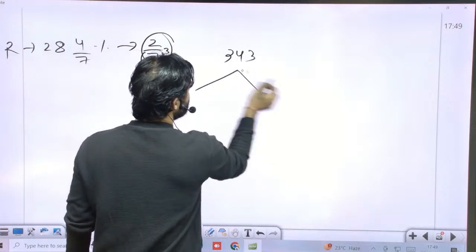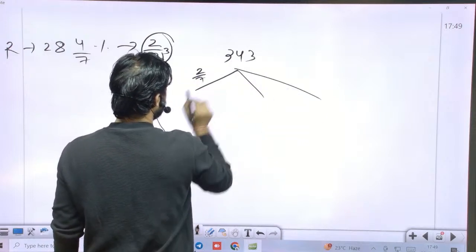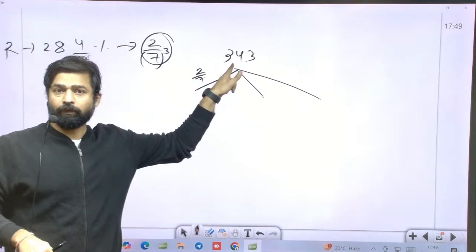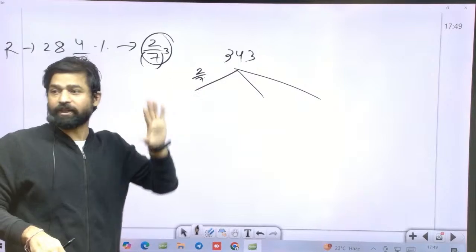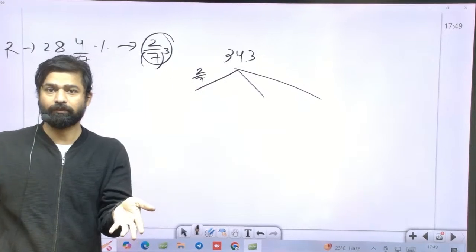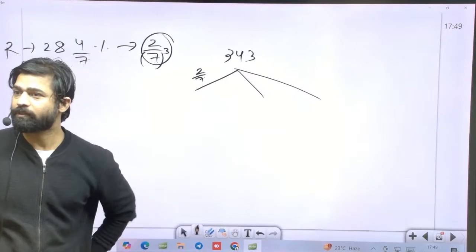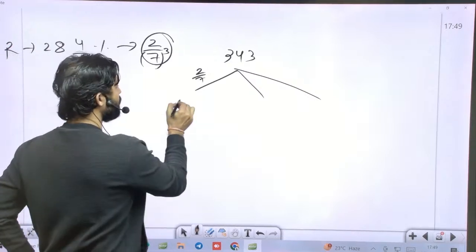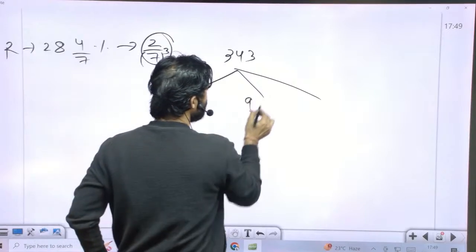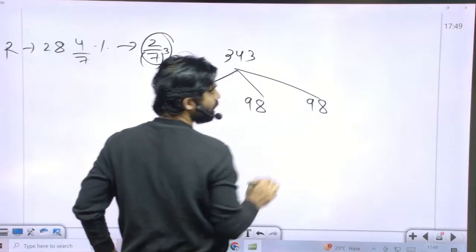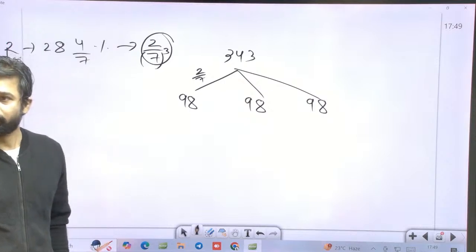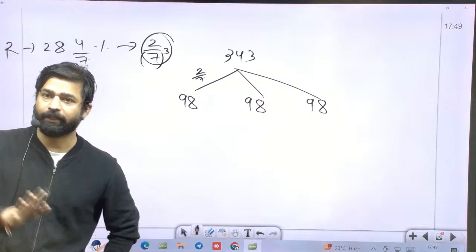So this 2 by 7 we have to collect. This is the cube of 7. If we divide it by 7, we will get the square, and the square of 7 is 49, and double of 49 is 98. So these values must be equal: 98, 98 and 98.